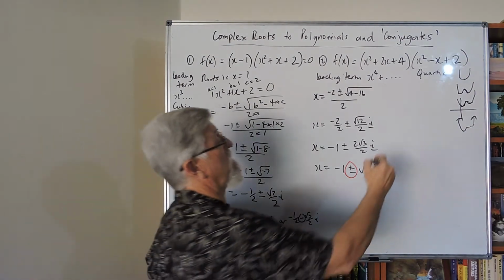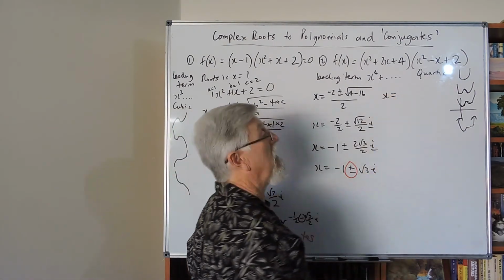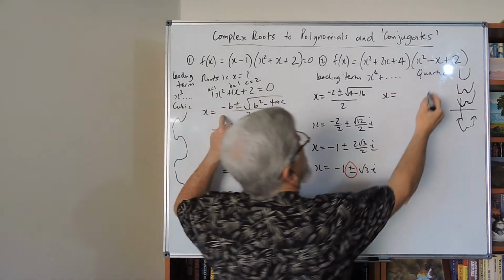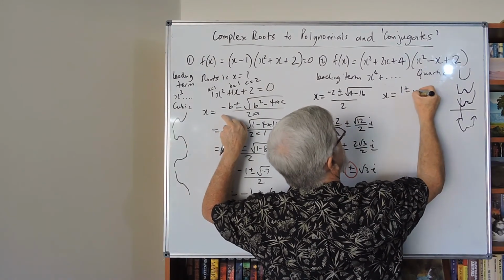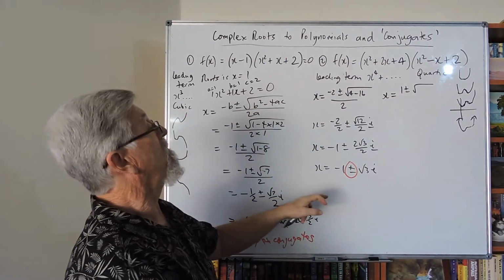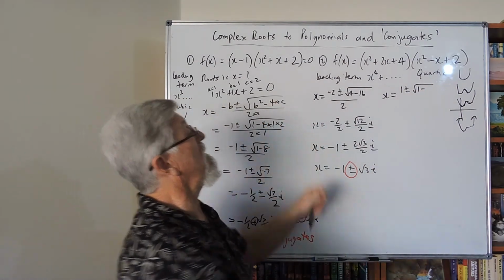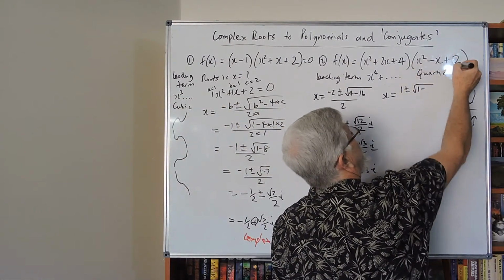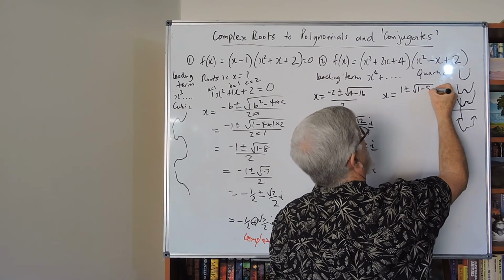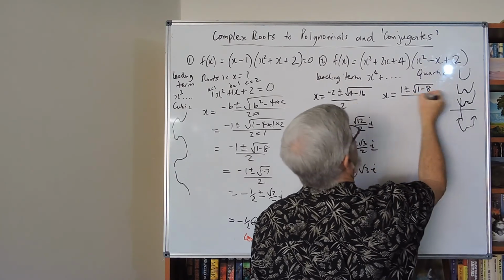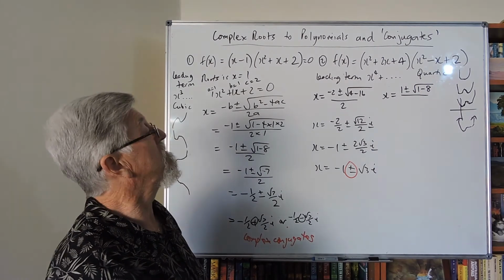We can go through the same process on this, hopefully without silly mistakes. I've got minus b, which will be 1, plus or minus the square root of b squared, which is minus 1 squared is 1, minus 4 times a times c, which is 8. And then we've got on the bottom 2a.